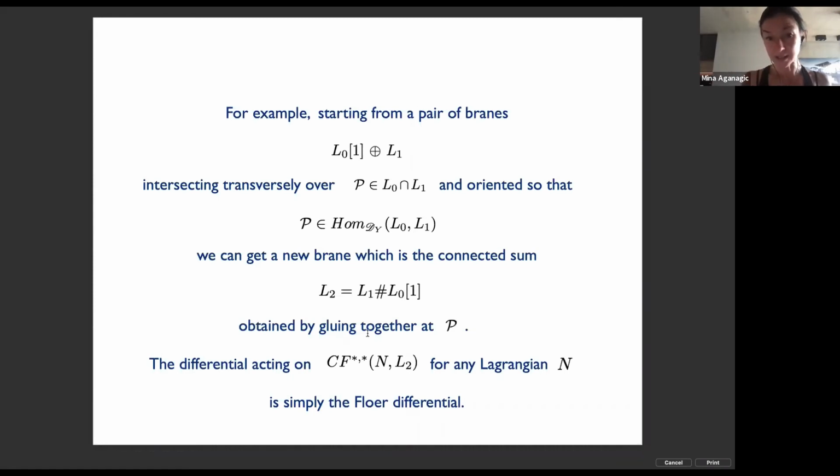So it's taking a connected sum. The differential acting on the chain complex from any brane to that brane is then simply the Floer differential.